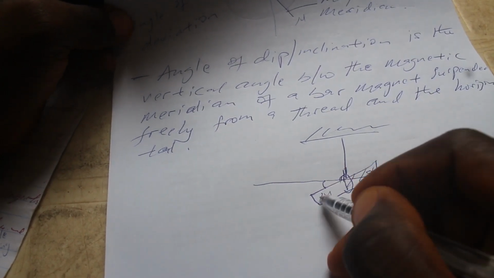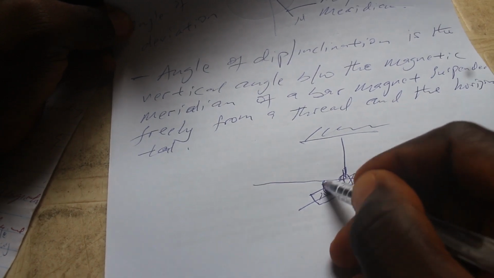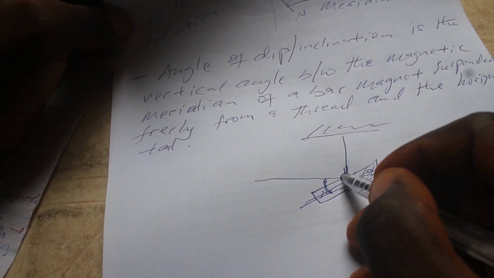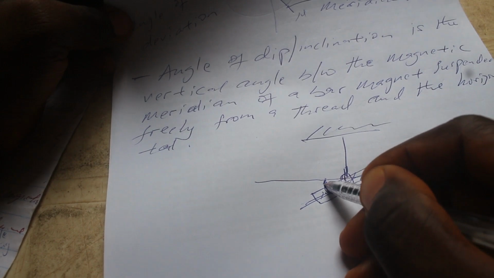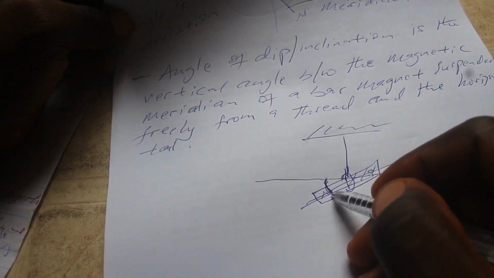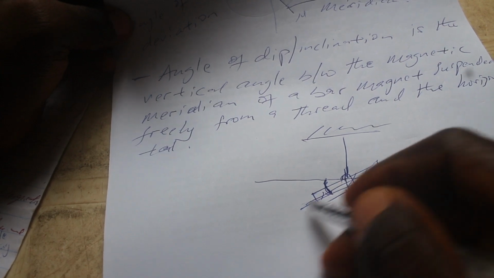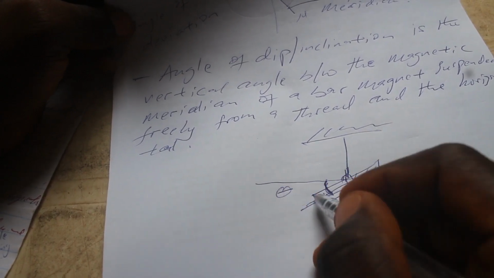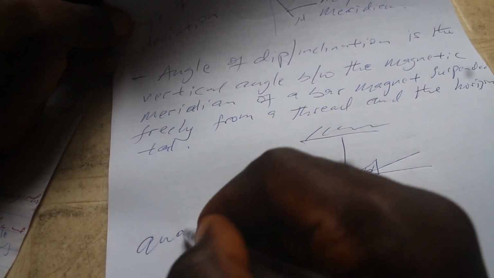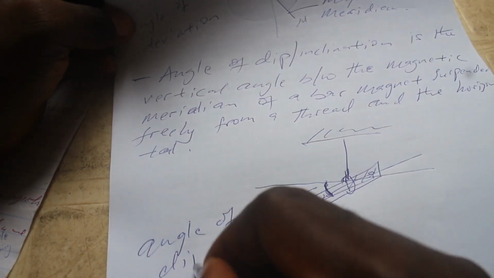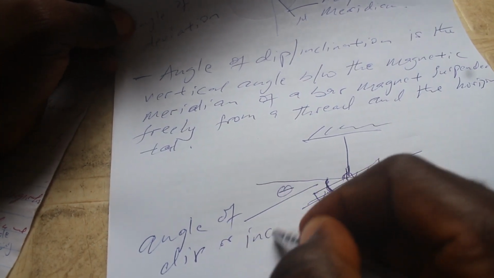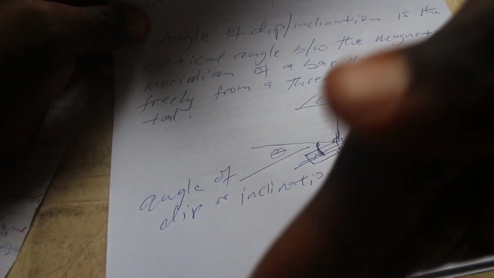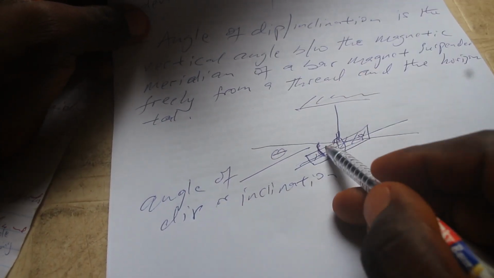So this is the Earth's magnetic meridian, and this is the horizontal. The angle between the magnetic meridian of the bar magnet and the horizontal is what we call the angle of dip, or angle of inclination. It's inclined, it dips, so to speak.